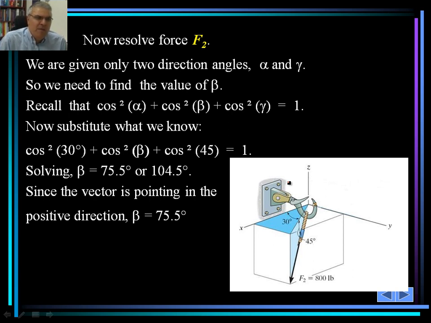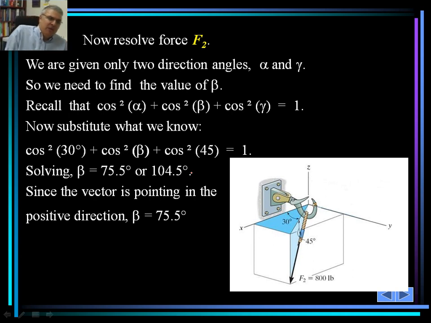So remember that if we add the squares of the cosines of angles alpha, beta, and gamma, it turns out to be 1. The summation of the squares of the cosines of alpha, beta, gamma is 1. So we now substitute that, and knowing alpha and gamma, but not knowing beta, we can simply solve for beta at 75.5 or 104.5 degrees.